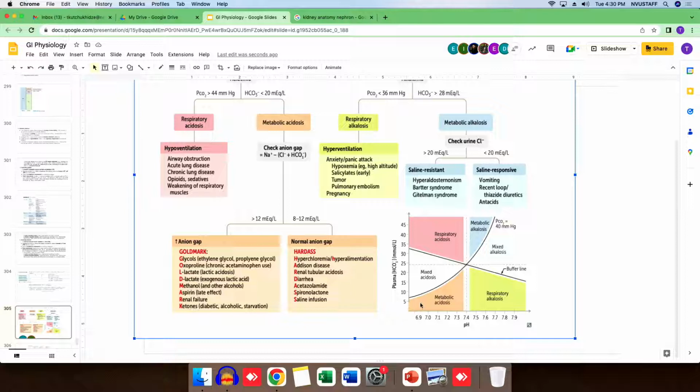So we have metabolic acidosis, and as you see, the plasma concentration of bicarbonate can be around 25, and the pH maximum is 7.4, right? Below this it is metabolic acidosis.